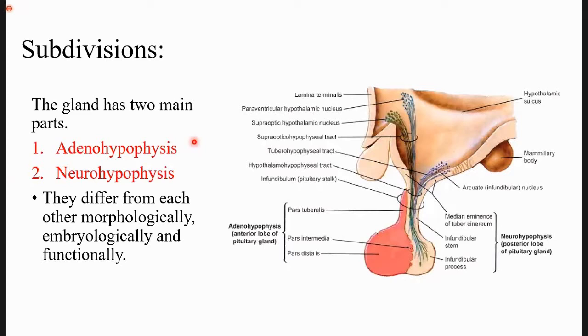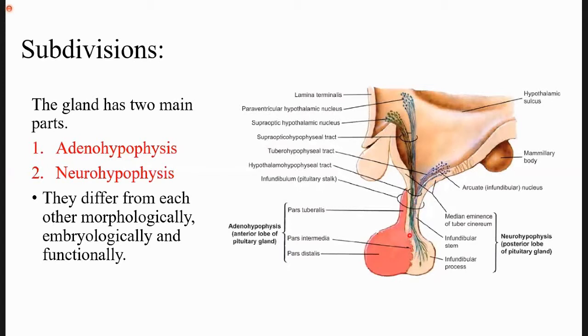The gland has two main parts, adenohypophysis and neurohypophysis. These two parts are according to the two different sites of origin of the gland. Adenohypophysis is an outgrowth of the ectoderm of the stomodeum, and neurohypophysis is the downward extension of the diencephalon, right?